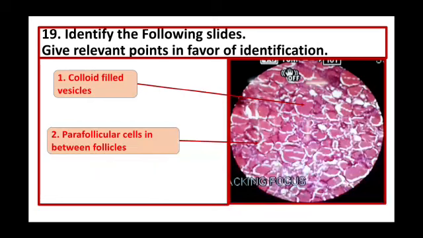So in this slide, colloid filled vesicles are seen. In between these colloid filled vesicles, parafollicular cells are also seen.